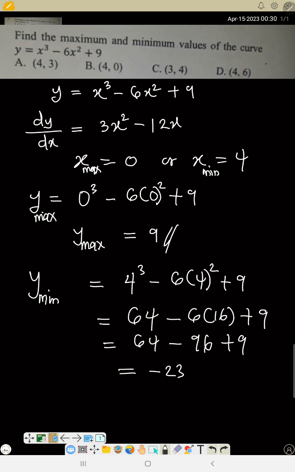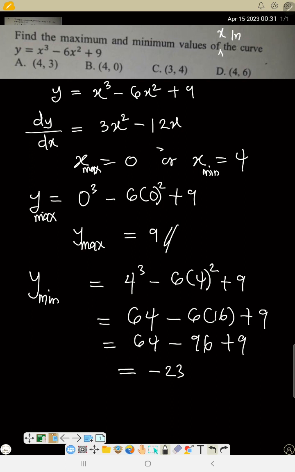But this question has to specify, find the maximum and minimum values of X in the curve Y equals this.